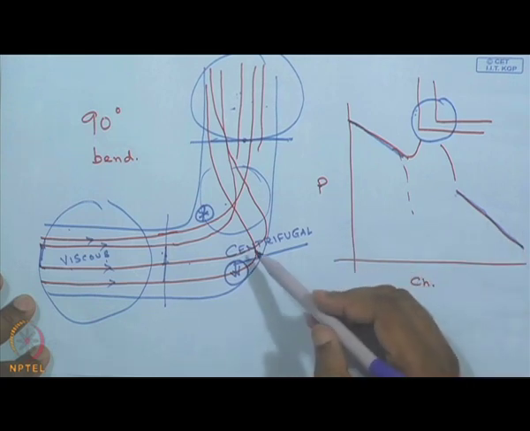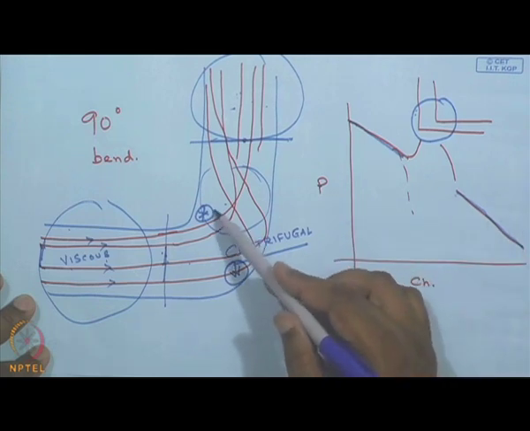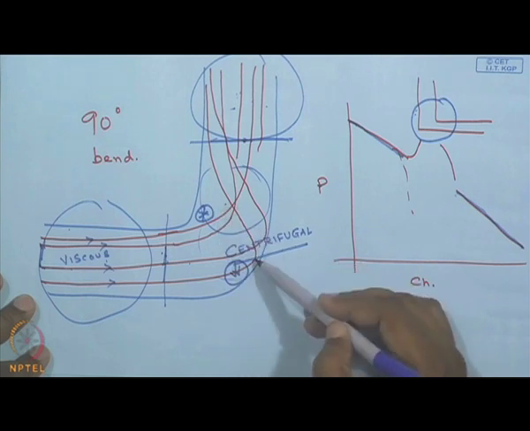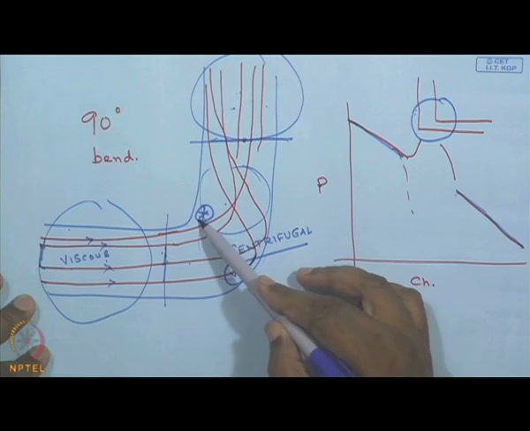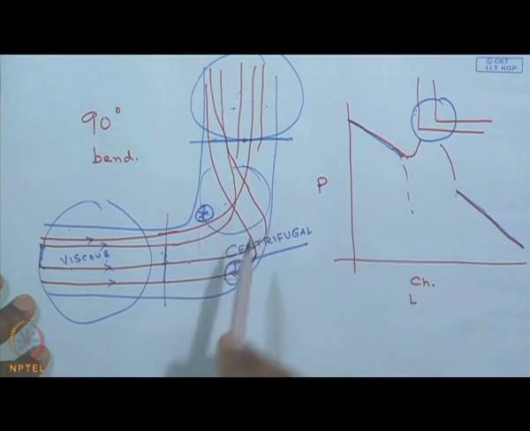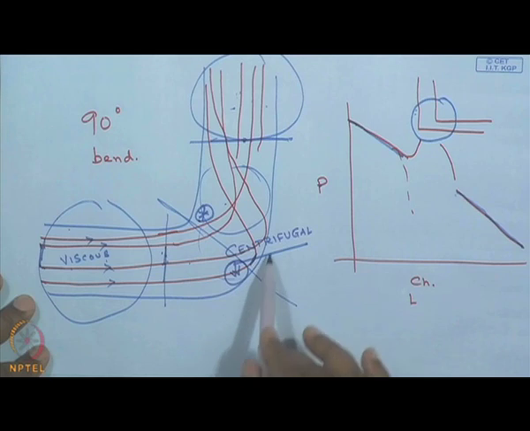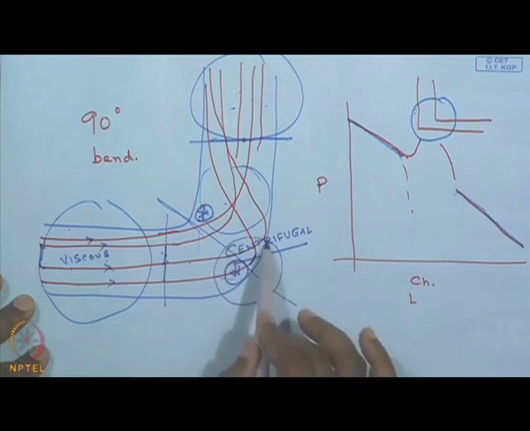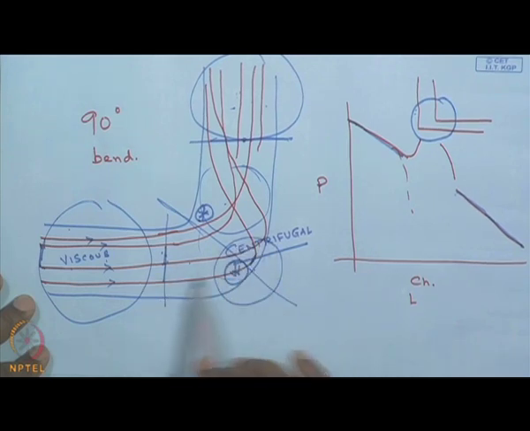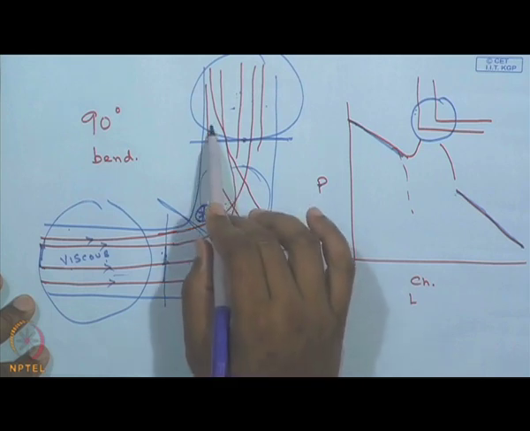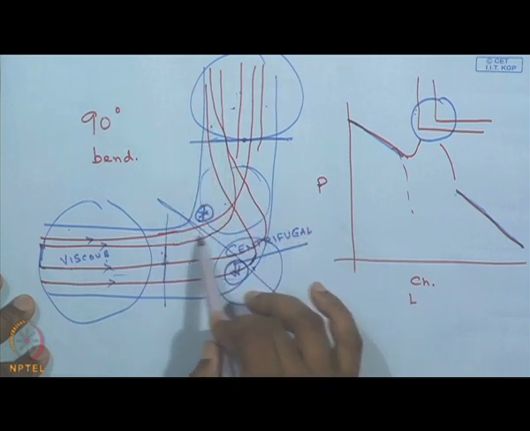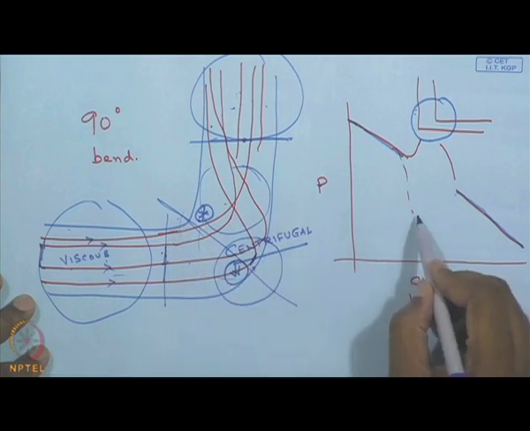But if we think conceptually about what is happening at the bend, at this point the pressure is going to be more, and at this point the pressure is going to be less. So across this there is going to be a pressure jump near the wall where the fluid is coming, hitting the wall, changing its direction and moving in another direction, and over here a low pressure region is going to form.